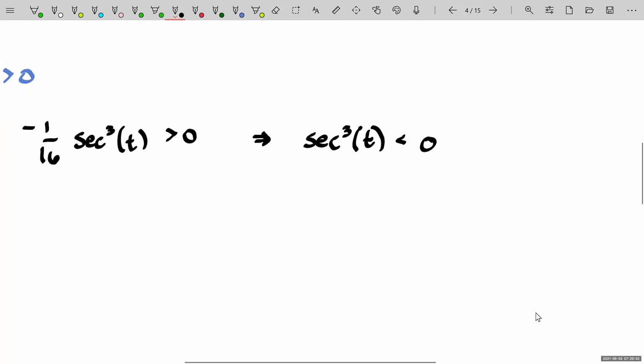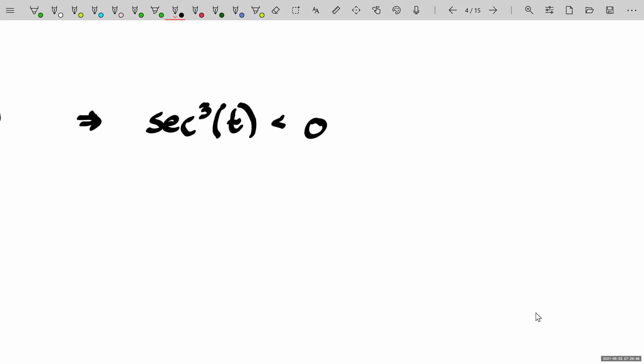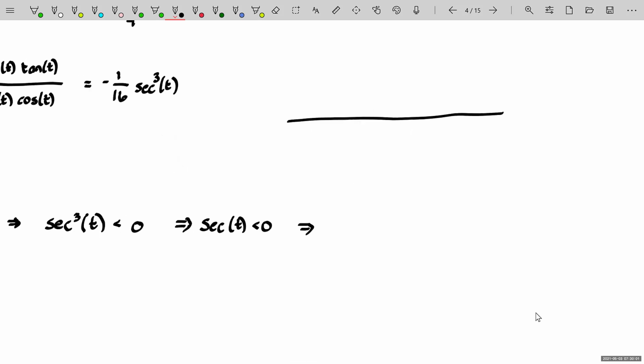And so you want to know when secant cubed is less than 0, which is not such a terrible question to answer. That's the same thing as asking when secant is less than 0. And we know just by looking at the secant, which is the reciprocal of the cosine, right? So the cosine kind of looks like this.